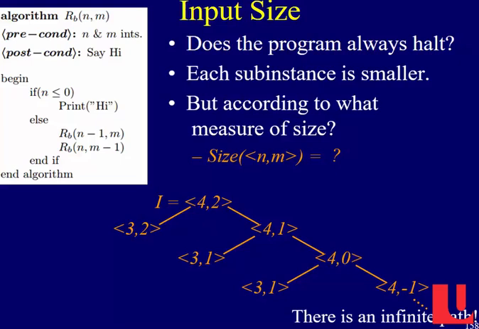If you keep going left, it's going to halt. So anything down here is going to halt. But what about this path where you just go right, right, right, right? Here, n becomes negative and you're going to keep going.